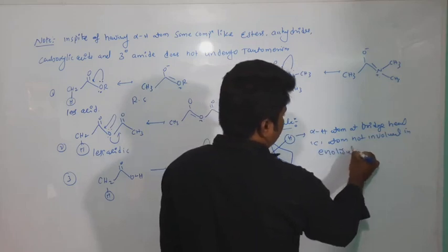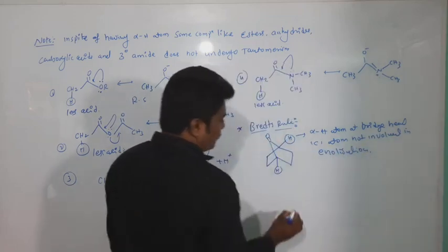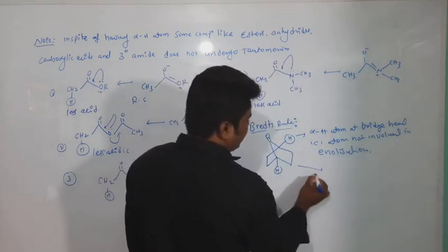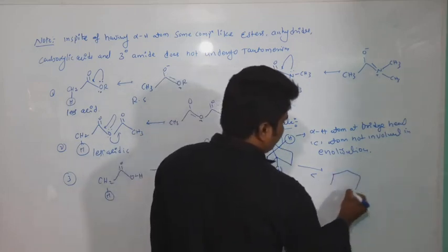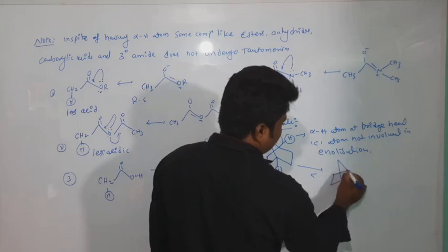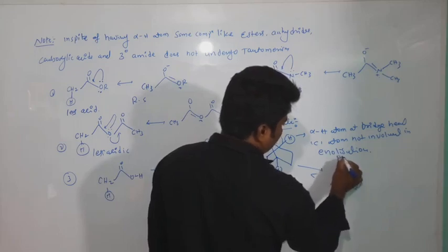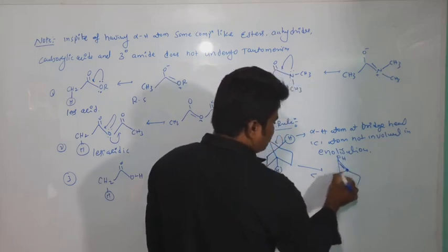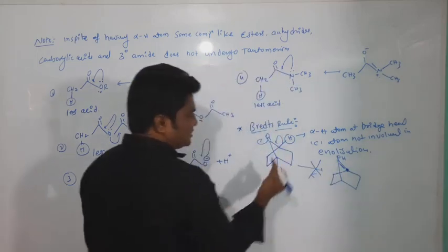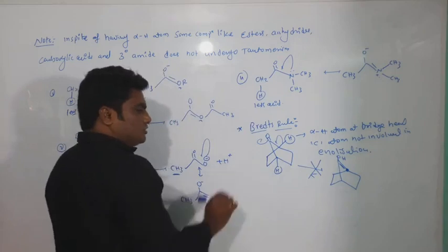Enolization means tautomerization. Okay? Why? Because if it participates, see here, now you will get here a double bond. See here. This is OH. And at a bridgehead carbon atom, a double bond is not possible. Understood? So this also does not show tautomerism.